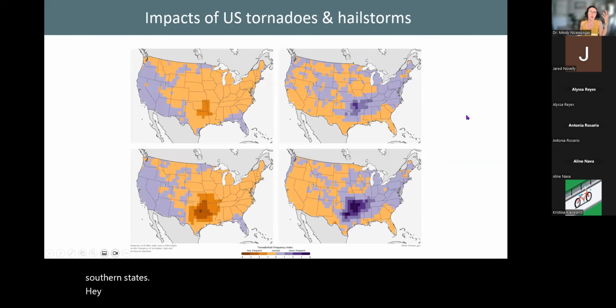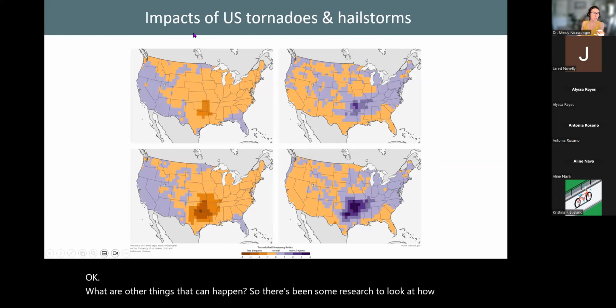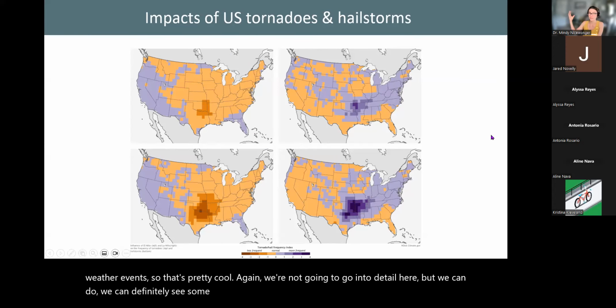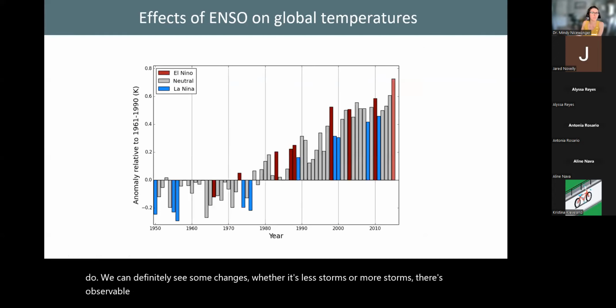Okay, what are other things that can happen? So there's been some research to look at how El Nino on the left and La Nina on the right impacts tornadoes and hailstorms. Again, these extreme weather events. So that's pretty cool. Again, we're not going to go into detail here, but we could definitely see some changes, whether it's less storms or more storms, there's observable changes.